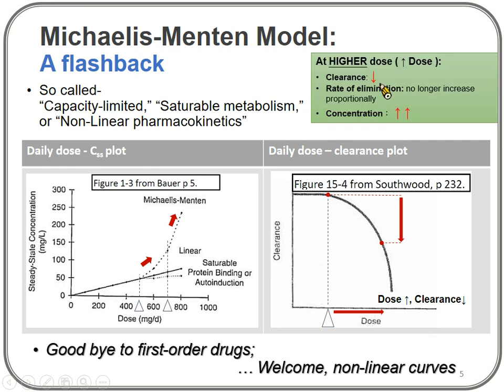So clearance goes down when a higher dose surpasses the range. And also the rate of elimination is no longer increased proportionally. Instead, it goes non-linear. And so the concentration goes up in a rapid, dramatic way.